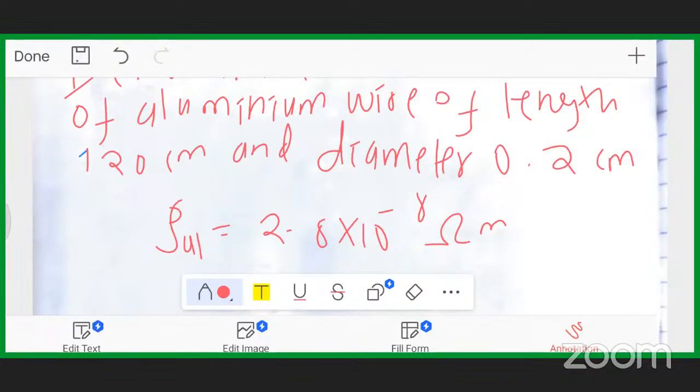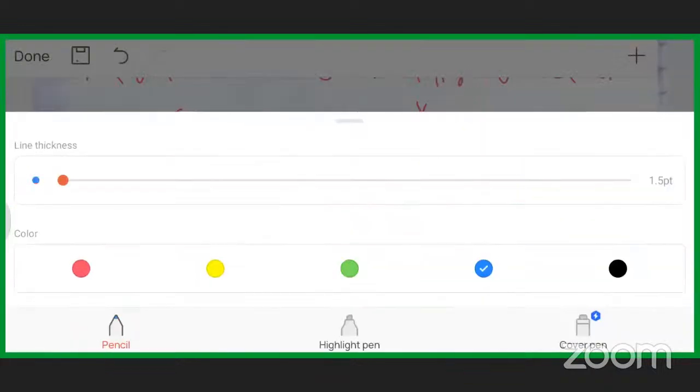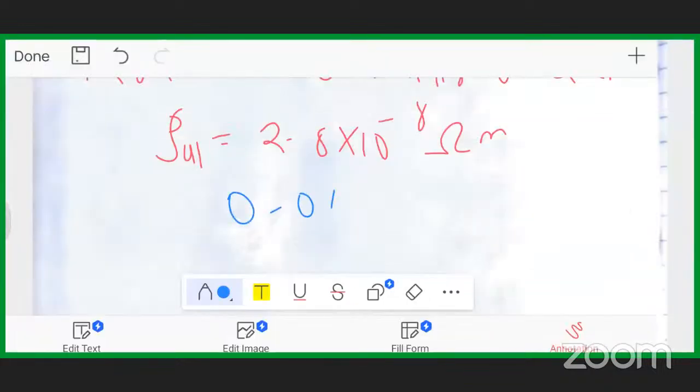So what is the answer for those who have done it? 0.01070 ohms.